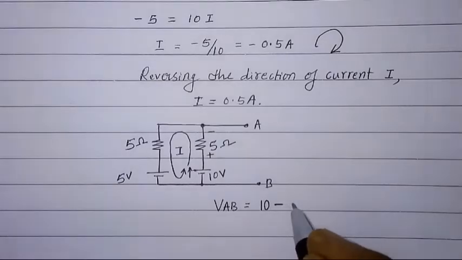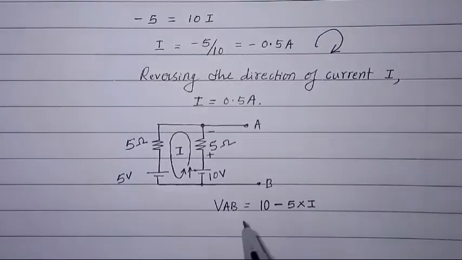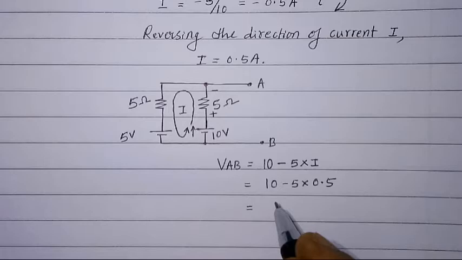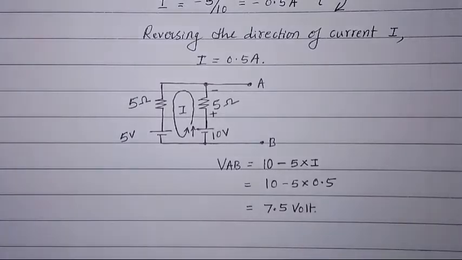So minus 5 into I, but we have found the value of I as 0.5. So the potential difference across terminals A and B will become 7.5 volt.